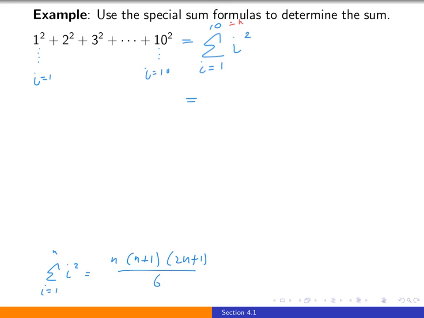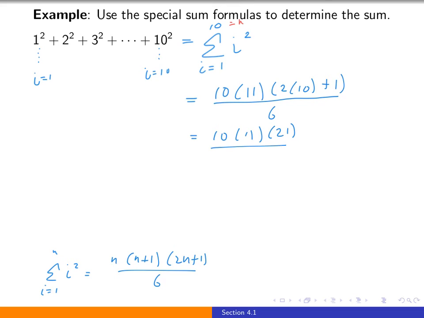So if we substitute in n equals 10, we get 10 times 10 plus 1 times 2 times 10 plus 1, all divided by 6. So that's 10 times 11 times 21 over 6, and that simplifies down to just being the number 385.